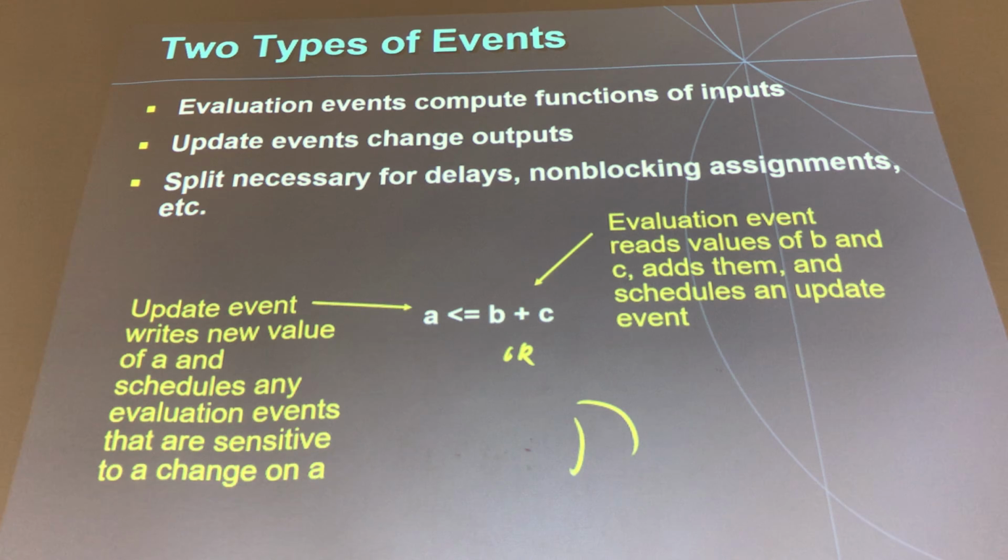Then it's an OR gate here, B or C. We sample the value in the beginning, and after some delay, we do the updating, generating the new value for A. So evaluation is at the current time instant, and updating is the scheduled event after the delay.